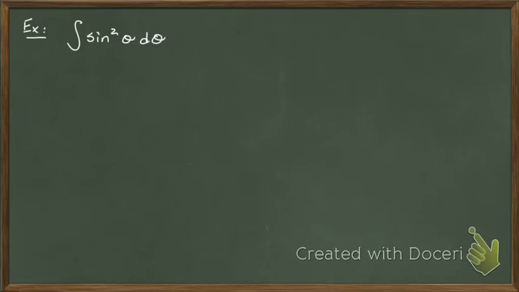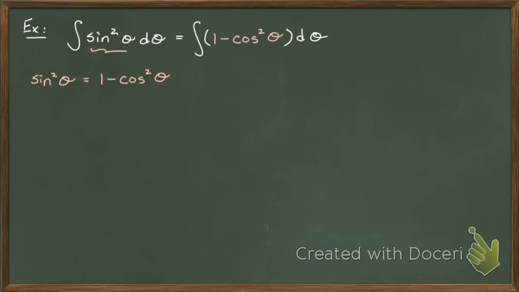If I were to replace this sine squared with 1 minus cosine squared, using that Pythagorean identity, what I see is that my integral now has 2 terms in it. I can now split this integral apart into the integral of d theta minus the integral of cosine squared theta d theta. The first one, d theta, I can integrate that, right? That should just give me a theta.